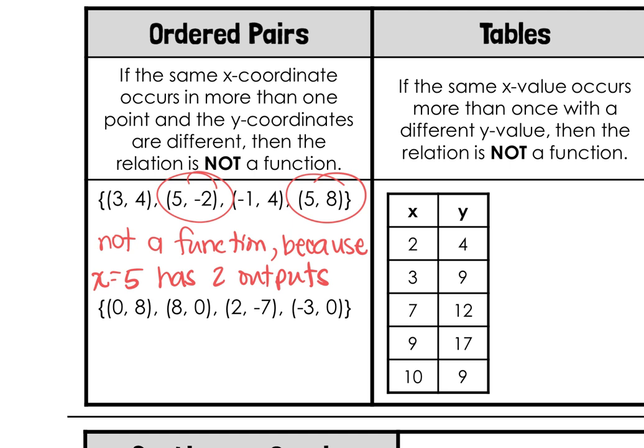And we want it to go with exactly 1. You're given one more example of ordered pairs here. And so again, when you're looking at this list of ordered pairs, focus on these x values. Nobody cares about the y. So this is 0, 8, 2, -3. None of those x values are repeated. So this set of ordered pairs, or this relation, is a function.